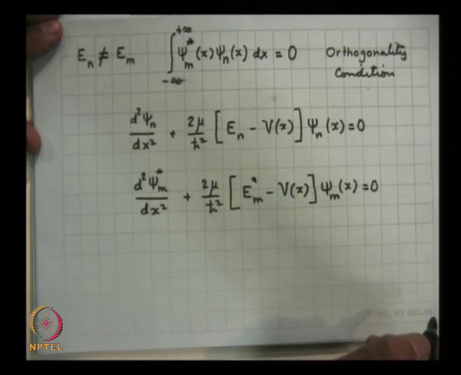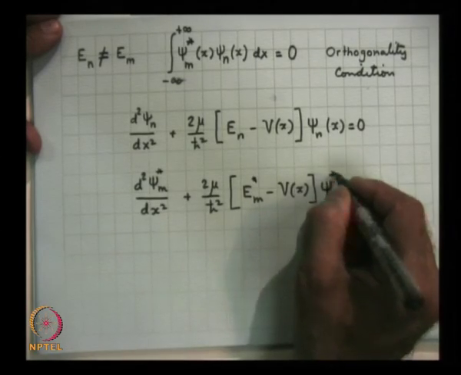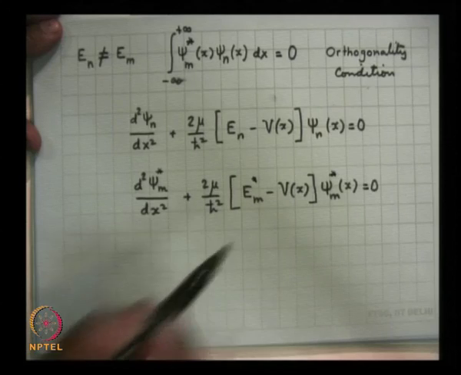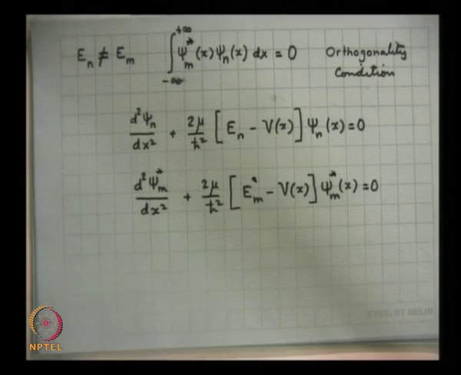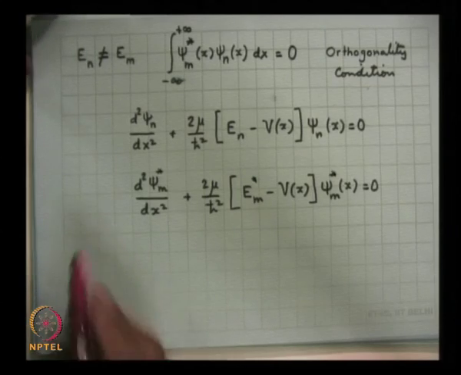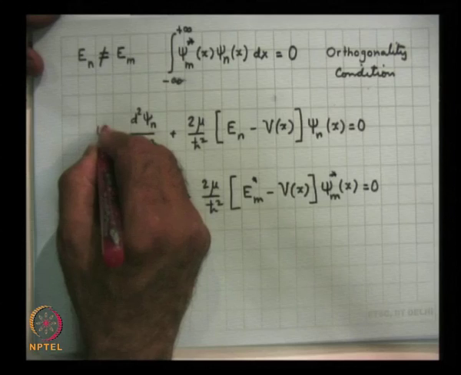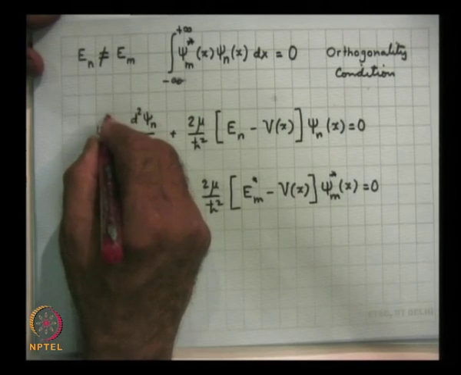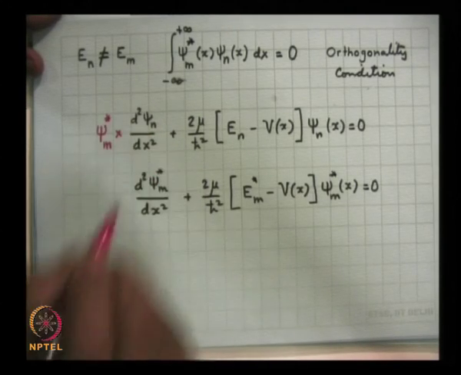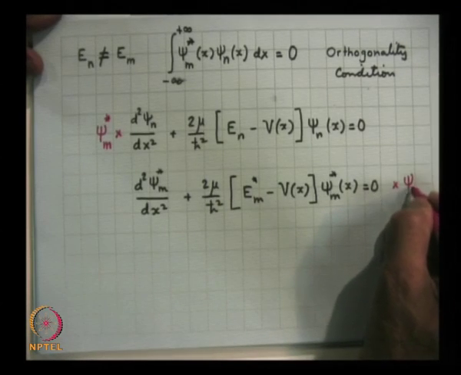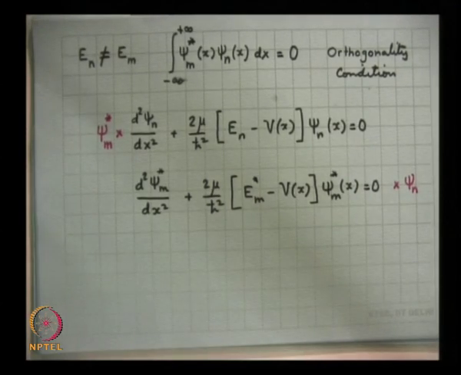So, we do not have to do anything there, and then we do the same trick as we had done before: multiply the first equation by psi m star on the left, and multiply the second equation by psi n on the left.